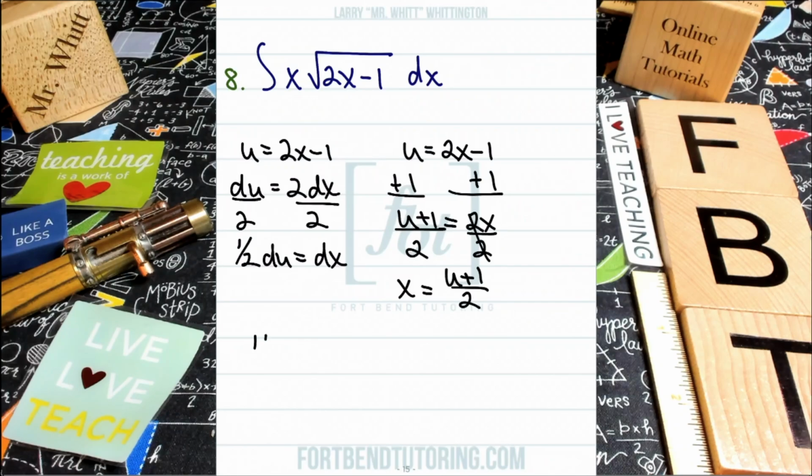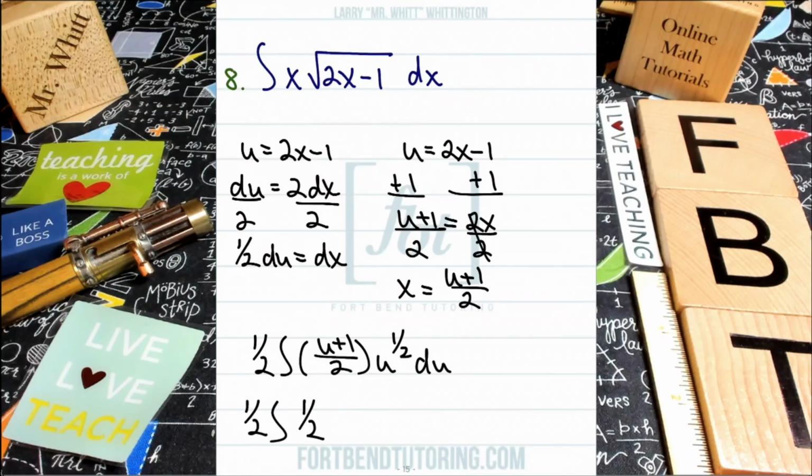You'll have 1/2 the integral of the quantity (u plus 1) divided by 2 times u to the 1/2 du. And what we'll do with this is we're going to go ahead and factor out that 1/2. And so you'll have 1/2 times the integral of 1/2 times the quantity of u plus 1 times u to the 1/2 du.